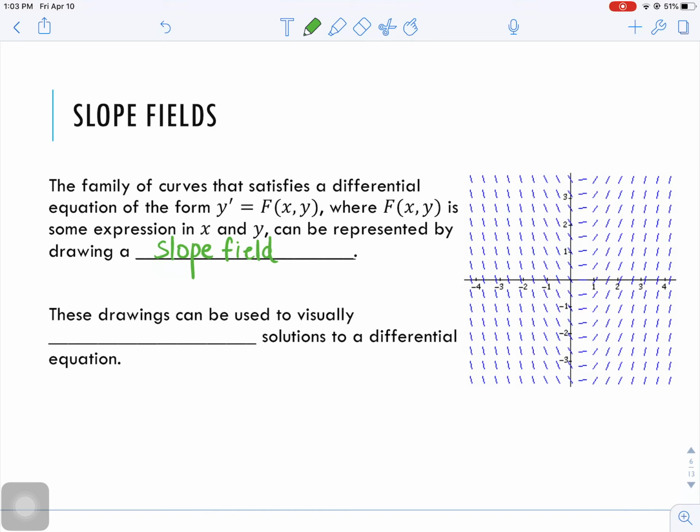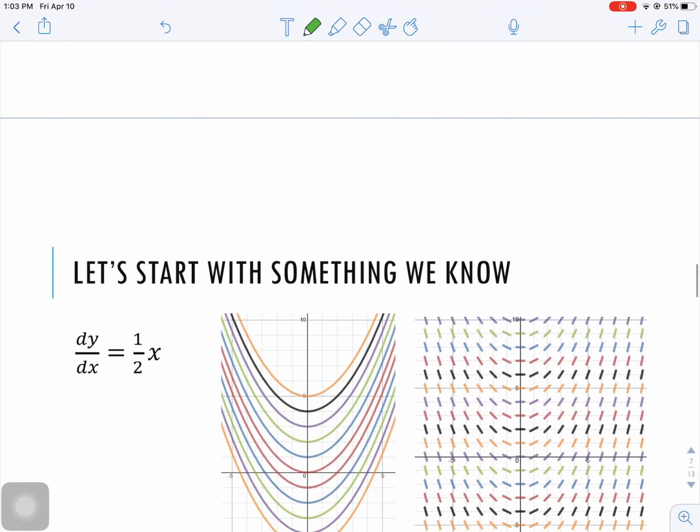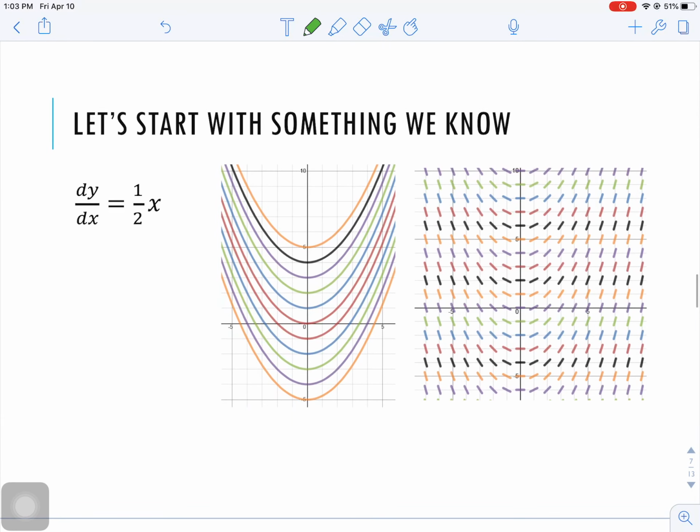These drawings, these slope fields, can be used to visually approximate solutions to a differential equation. So over here, this slope field on the right is a visual approximation of all the potential antiderivatives, really, is what we're looking at. Let me give you an example based on something we already know. So let's say we were given the differential equation dy dx equals 1/2 x.